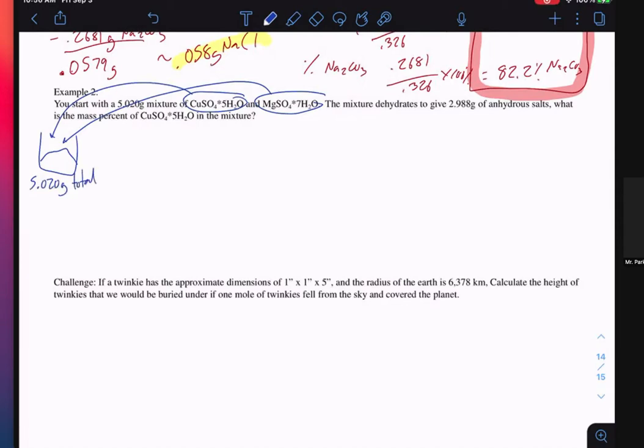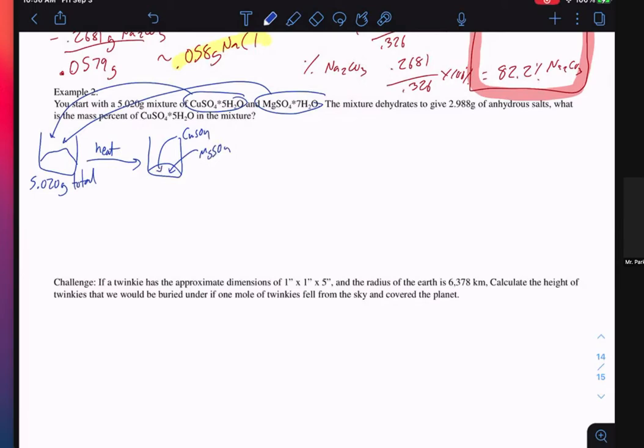Here's what they did. They heated the sample, and that results in anhydrous salts. If copper sulfate hydrate and magnesium sulfate hydrate are heated and dehydrated and what's only left is the anhydrous, what that means is you've got CuSO4 and MgSO4. All the water is gone.